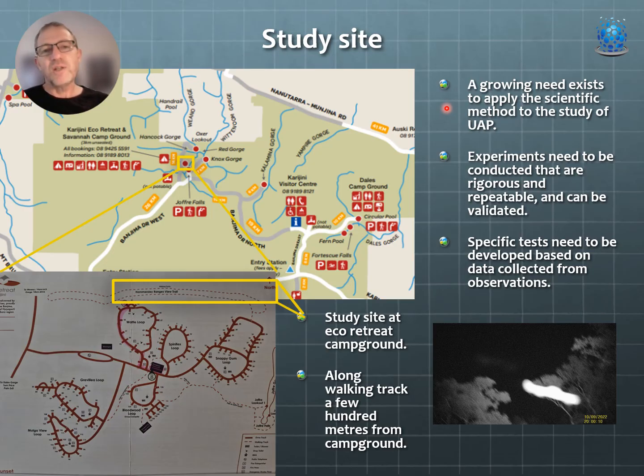As far as I can see, there are very few actual individuals or organisations that have gone about setting up a rigorous and standardised field methodology that statistical modelling can be applied to. So experiments need to be conducted that are rigorous, repeatable, and can be validated and debunked, which again is what we are doing. Now, specific tests need to be developed based on data collected from observations, and again, that is also what we are doing in this program of research.